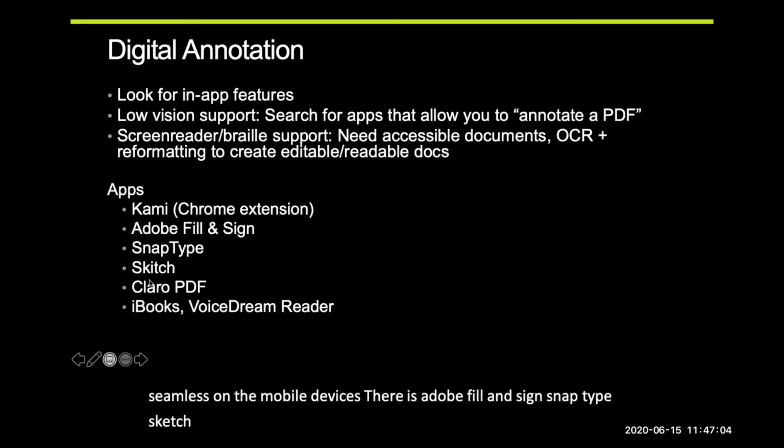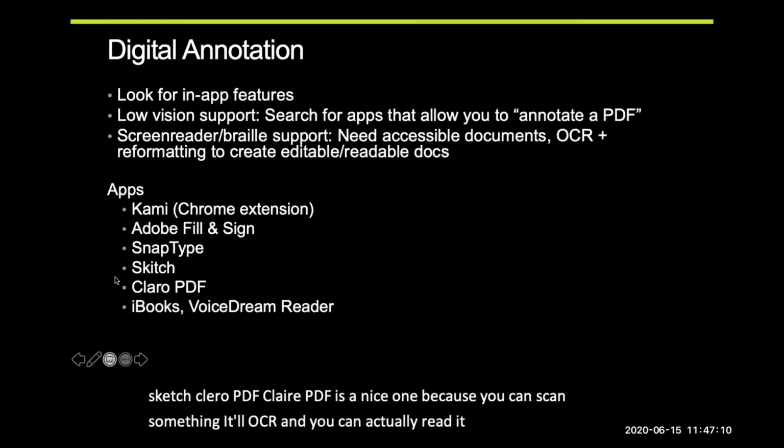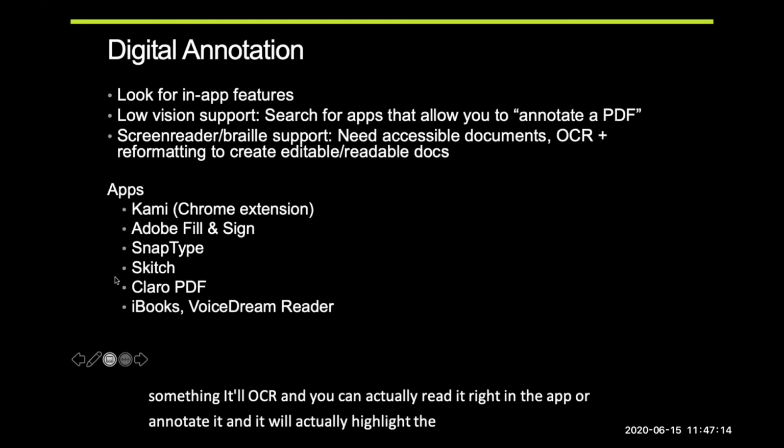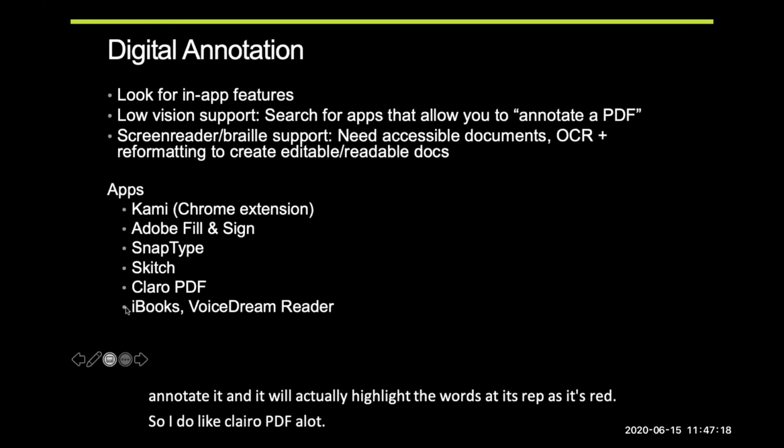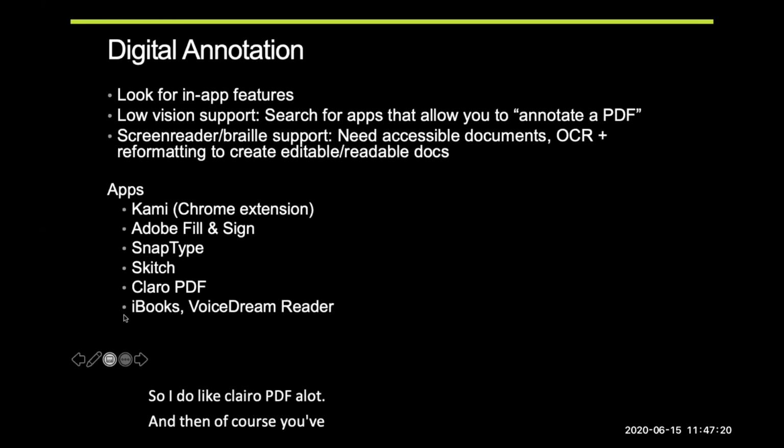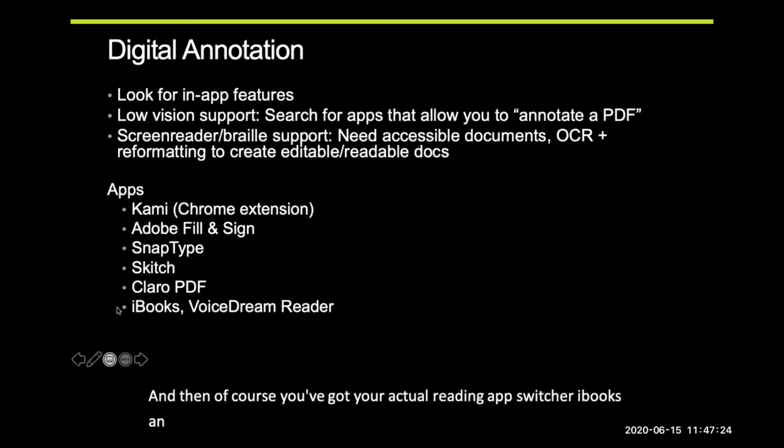Claro PDF is a nice one because you can scan something, it'll OCR it, and you can read it right in the app or annotate it, and it will highlight the words as it's read. So I do like Claro PDF a lot. And then of course you've got your actual reading apps, which are iBooks and Voice Dream Reader, and these also help aggregate any documents you put in and allow for annotation as well.